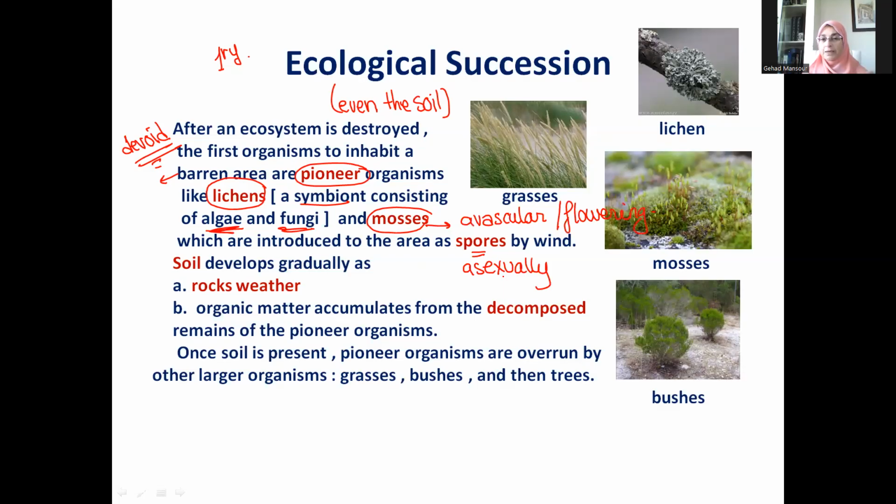When they reproduce asexually by spores, this simply means that if there are air currents like wind, then those spores will be transferred to the areas where we need ecological succession to be done, accidentally of course, and they will grow into new herbs.